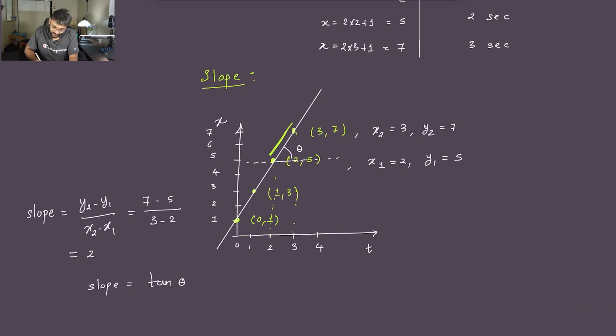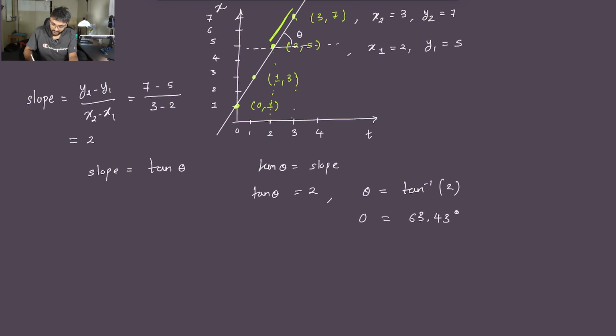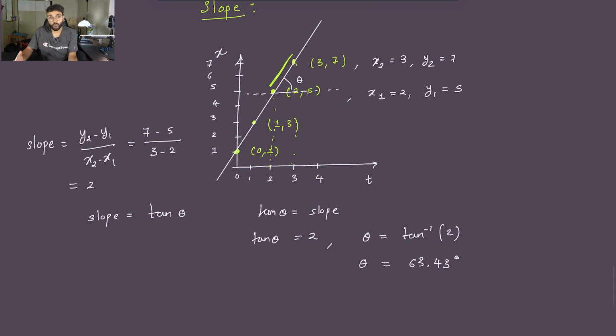So if I need to figure out that angle in our example, I can use the formula tangent of theta equals slope, and that is, as we calculated, 2, so theta is tangent inverse of 2, and this gives 63.43 degrees. So we have figured out the slope first, and then the angle of that line segment with respect to horizontal using that slope.